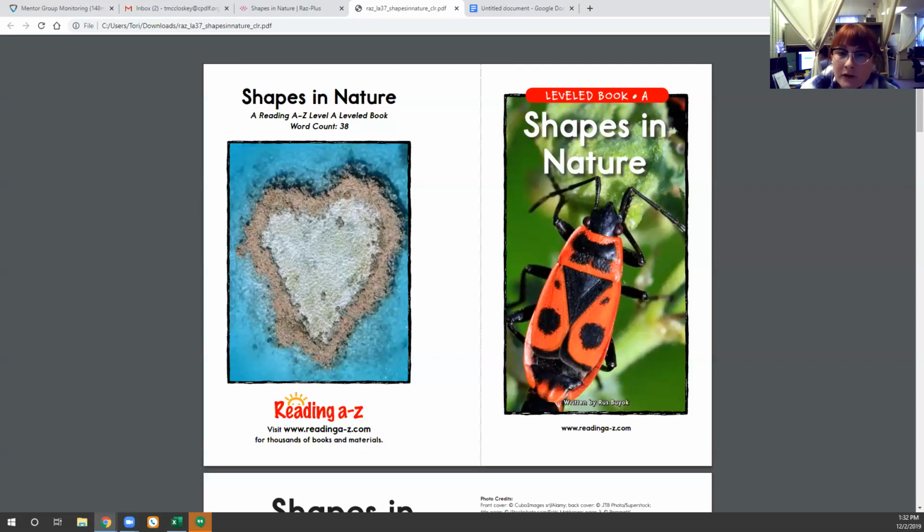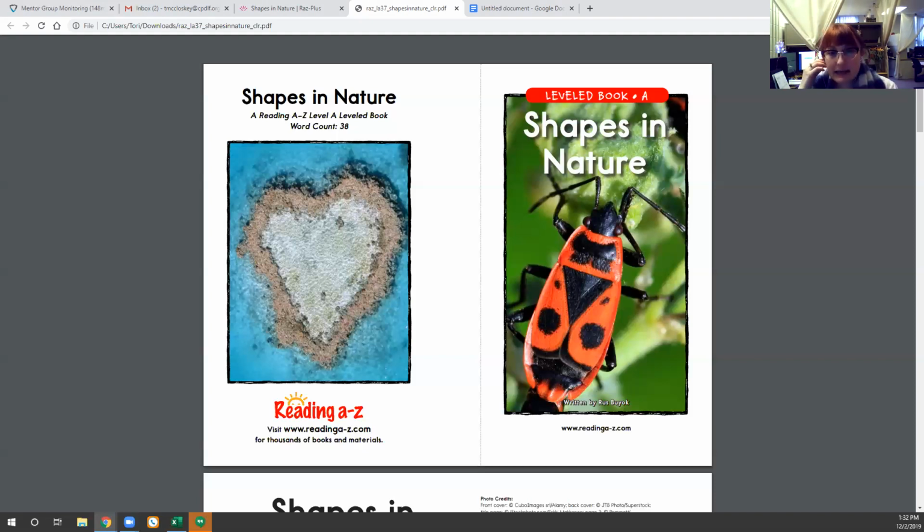So most books have a main idea or big idea, a topic, something that we're going to talk about the whole way through. And the title is often a clue about what that book's main idea will be. So, Shapes in Nature. Let's make a prediction about what this book will be about based on that title.